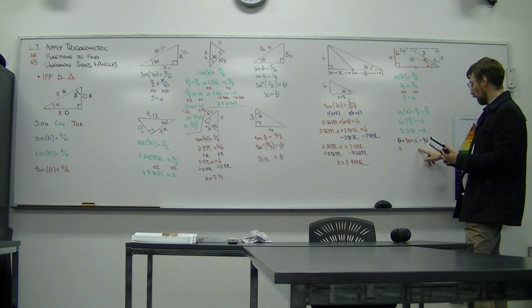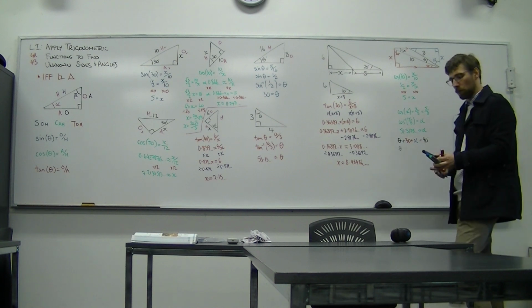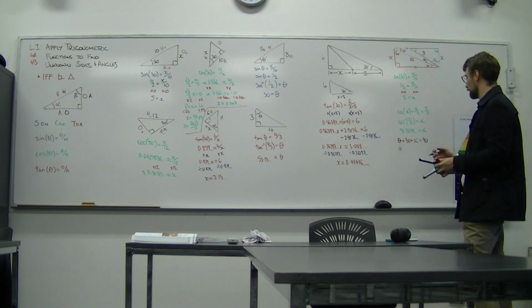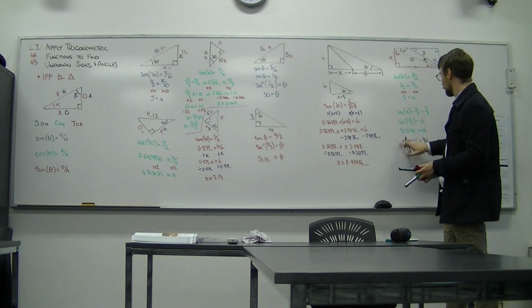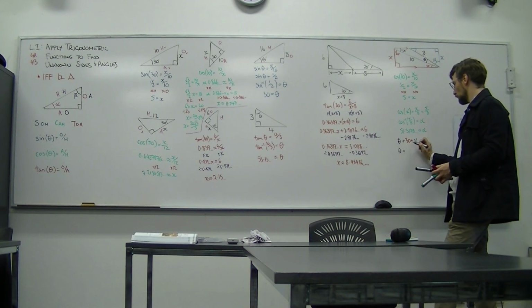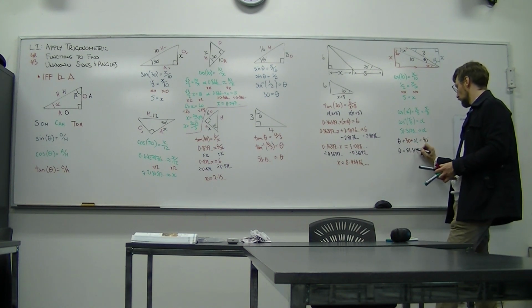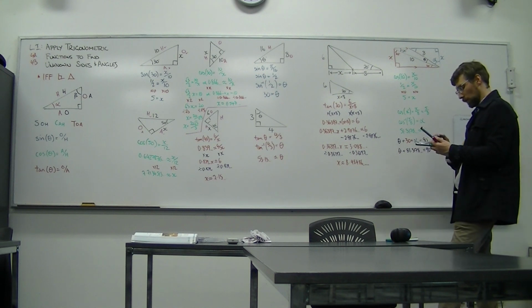We do know what alpha is, so we can add those together. Let's change this to purple, just so we can see what's going on. Cool, okay. So theta plus 81, etc. will roughly equal 90.